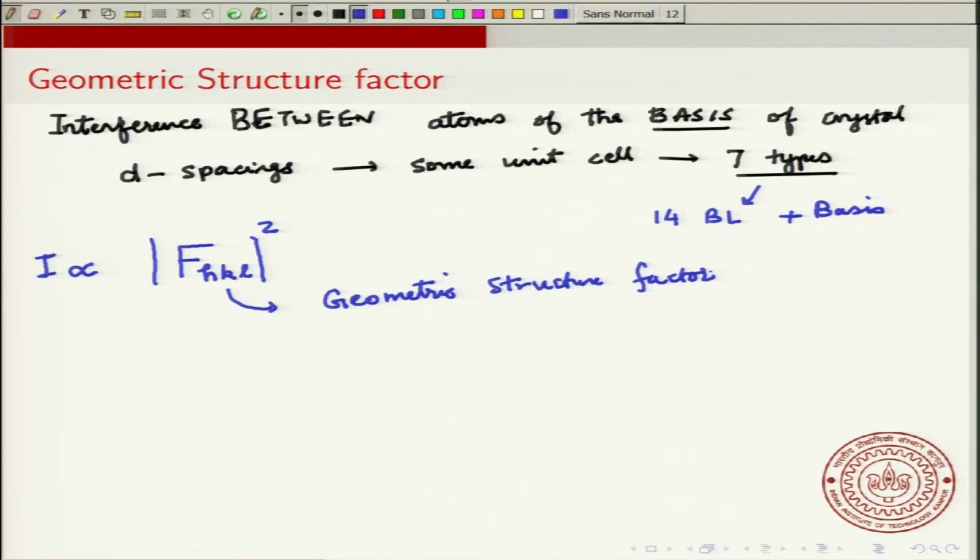Okay. This arises because of the intensities due to different atoms within the unit cell.